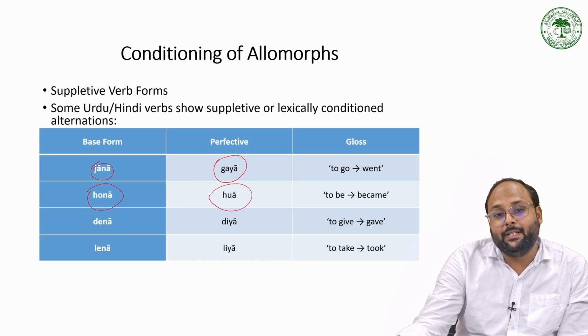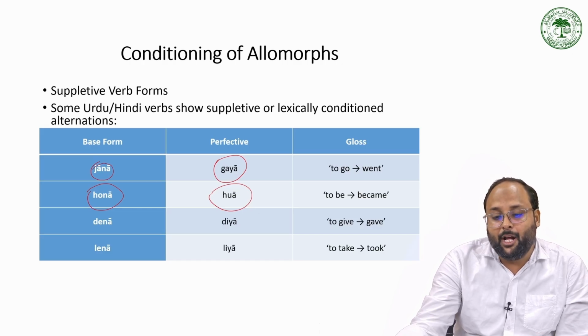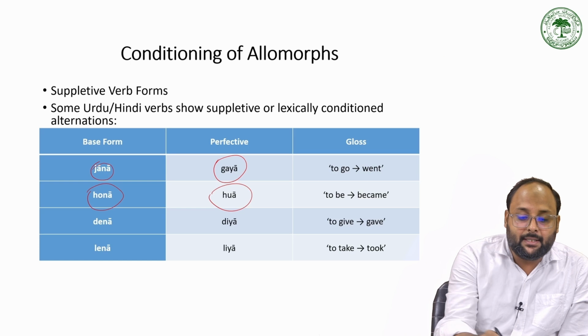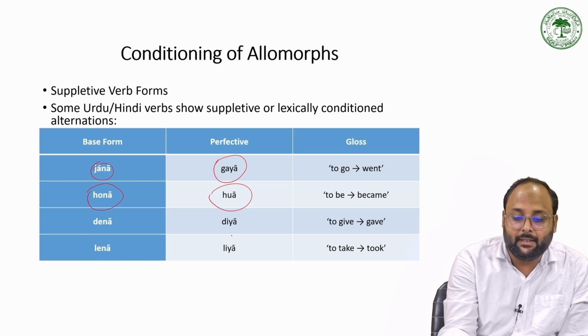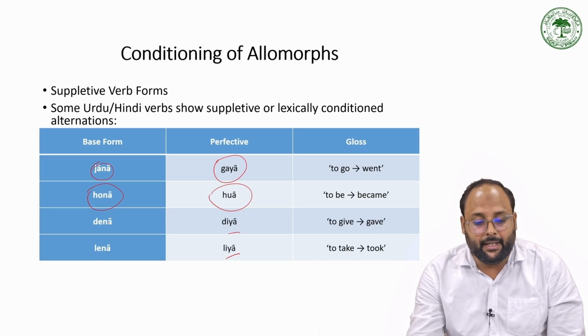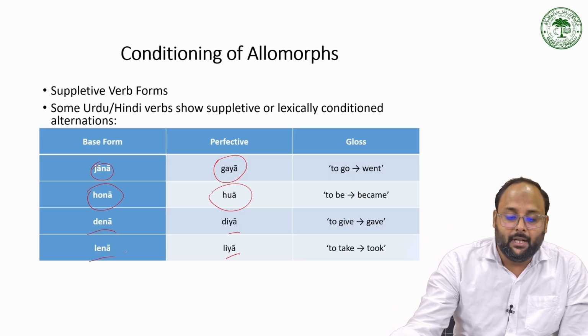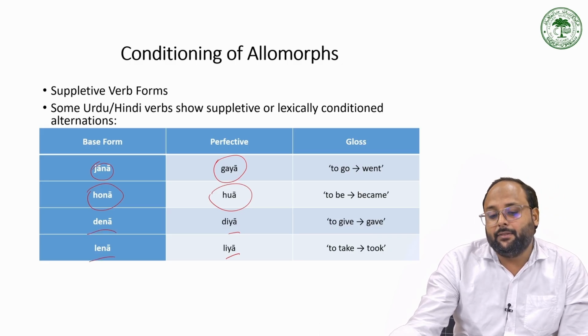So it can be considered a lexically conditioned change from the base form to the perfective participle. But in the case of dena, diya, or lena, liya, it follows a somewhat regular pattern, like iya and iya. So we can change ena or a in dena or lena by just adding the suffix in both.